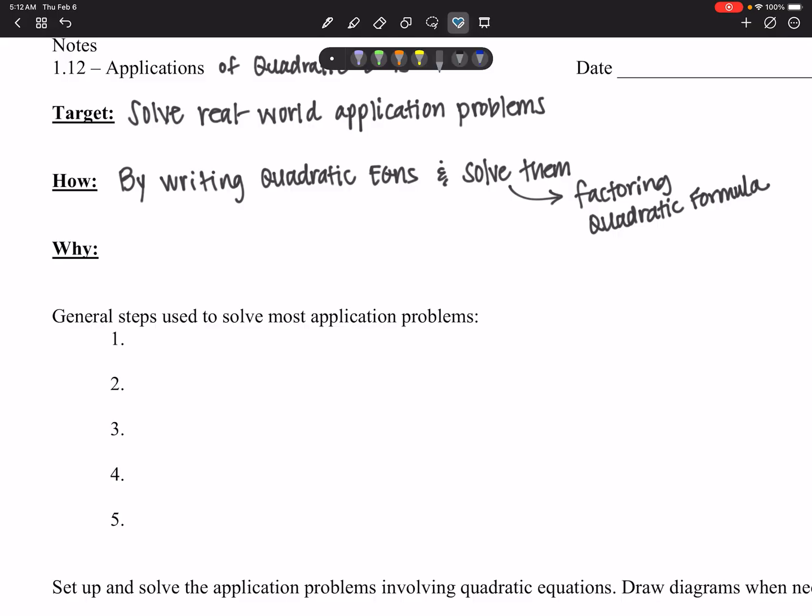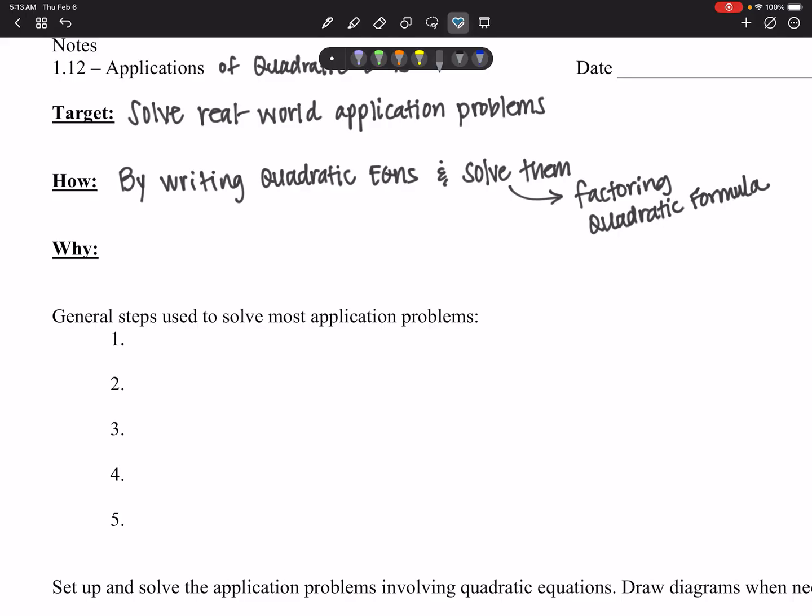And this is because there are situations all around us that involve solving a quadratic in the real world. So being able to have those problem-solving skills and those critical thinking skills will help you outside of the area of mathematics.